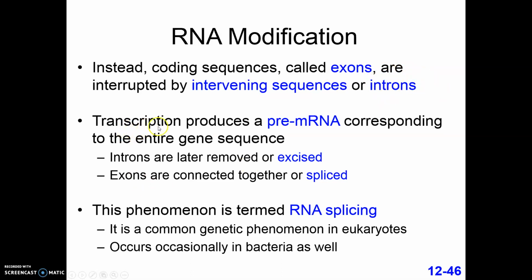So transcription produces a pre-messenger RNA that corresponds to the entire genetic sequence. Those introns are later removed, or we use the word excised, and the exons that are left are reconnected together, or spliced.